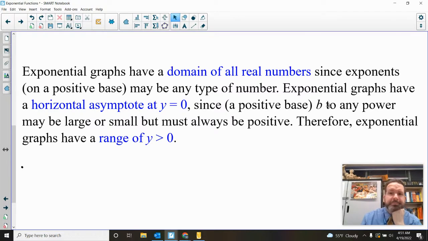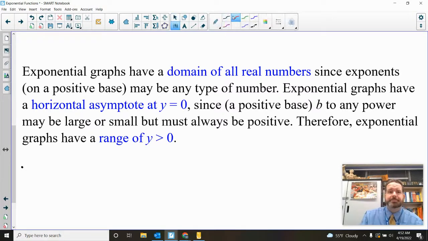And the reason, when you take a positive number to any power, you end up with a positive result. It could be very tiny, it could be very big, but it's always going to be some positive number. And it's for that reason that the range of our exponential graphs is always y greater than 0. So I would summarize it like this.